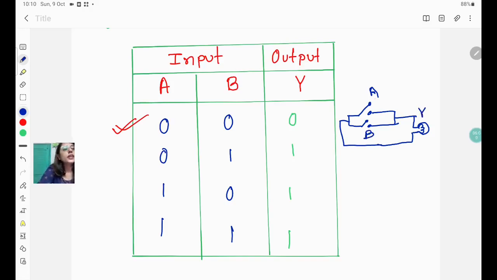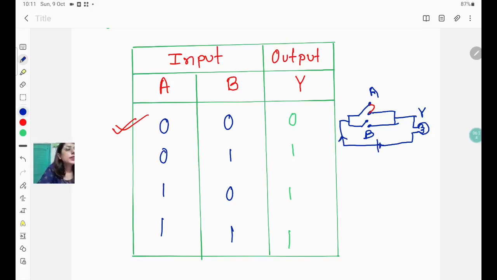So if A is on, that is this key is closed, and B is 0, that is B is open, then also the current will flow inside the circuit, and we are going to give a battery here. So this is a battery. So the current will flow through the circuit and the bulb will switch on.